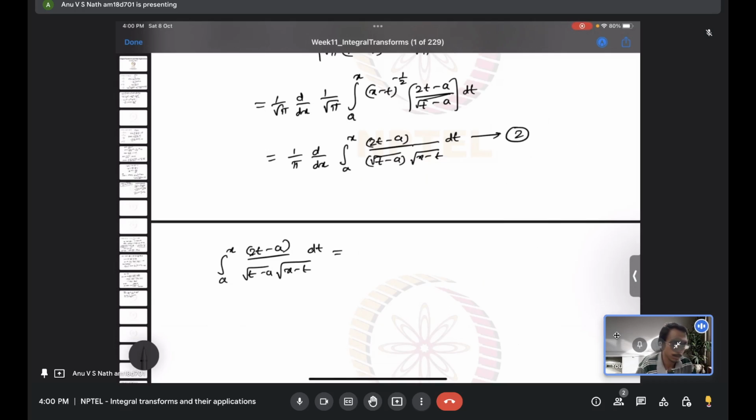We can split this into two integrals: minus a dt by (t minus a)(x minus t) from a to x, plus 2 times t dt by (t minus a)(x minus t) from a to x.